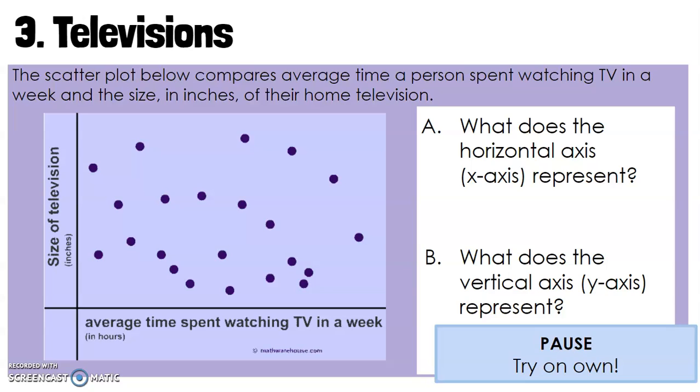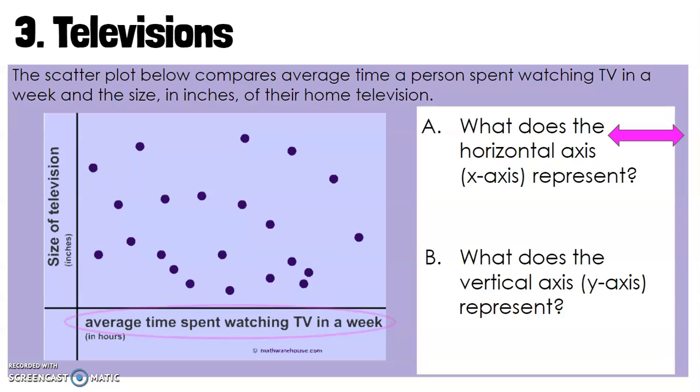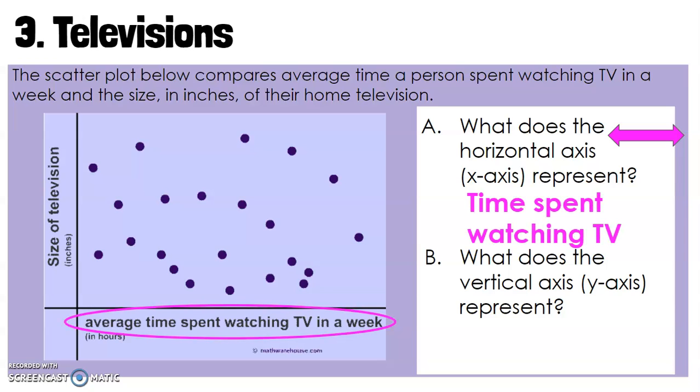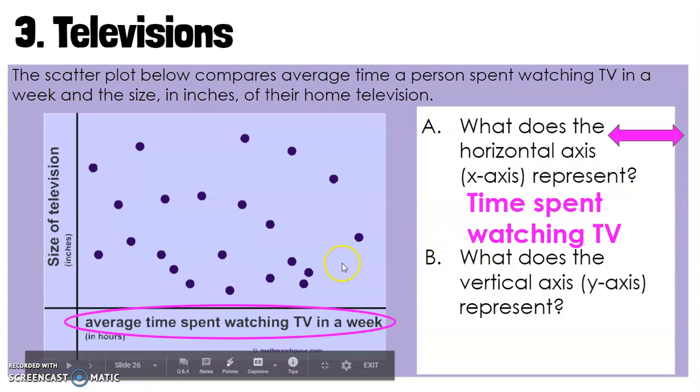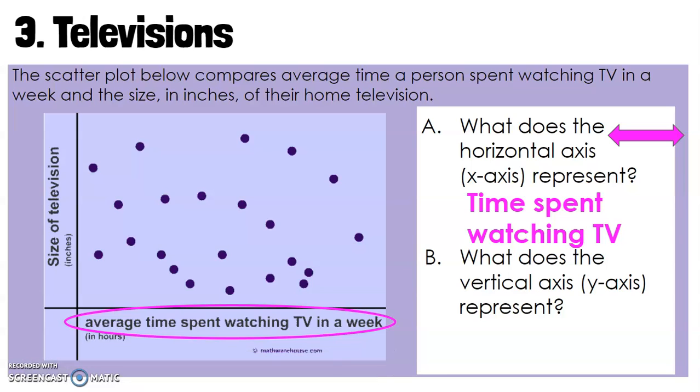Okay. So what you noticed is on the x-axis, we see the average time spent watching TV. This is how much a person spent watching TV in a week. And again, each of these dots tells us a different data point. In statistics, most of this comes from surveys.